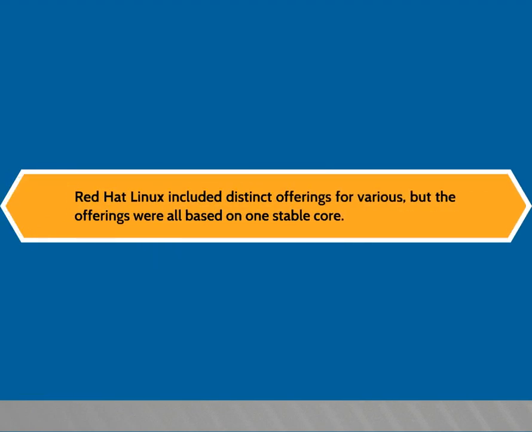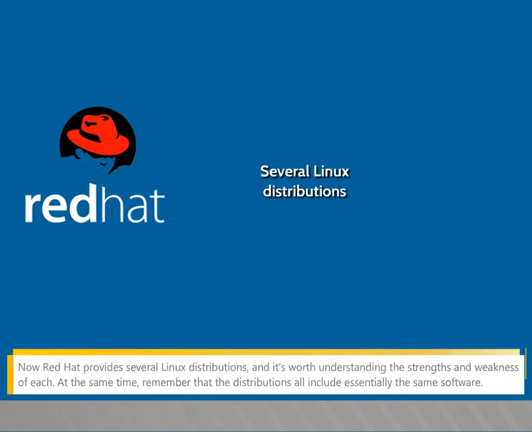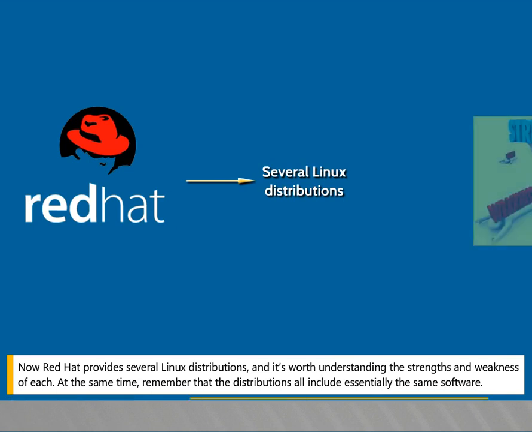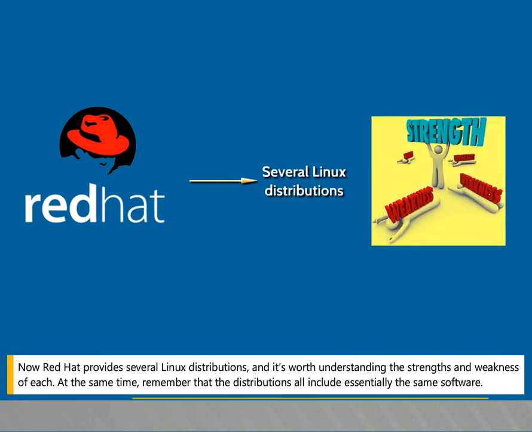Red Hat Linux included distinct offerings for various uses, but the offerings were all based on one stable core. Now, Red Hat provides several Linux distributions, and it's worth understanding the strengths and weaknesses of each. At the same time, remember that the distributions all include essentially the same software.